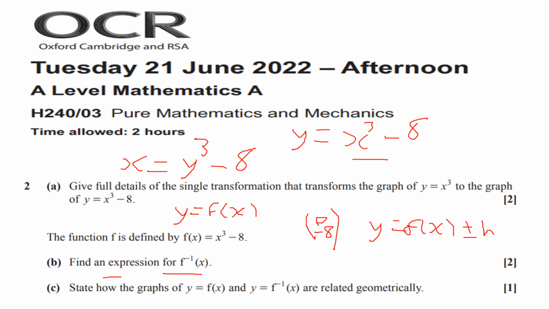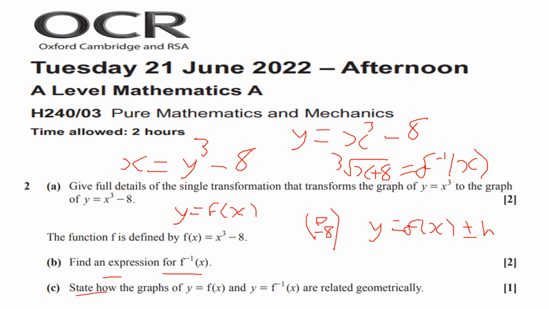So we have the cube root of x plus 8 is equal to y. Lastly, all I do is replace the y with f to the minus 1 of x, or f inverse of x. And that, guys, is my expression for the inverse function.